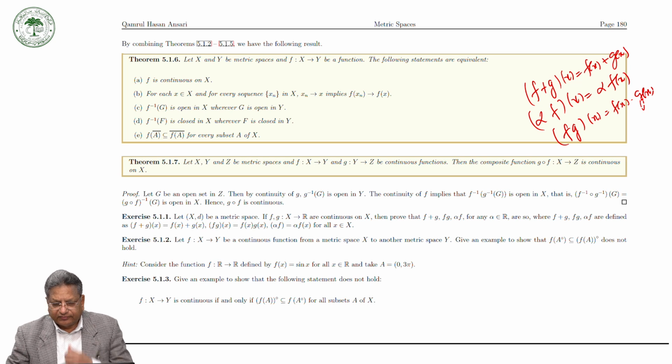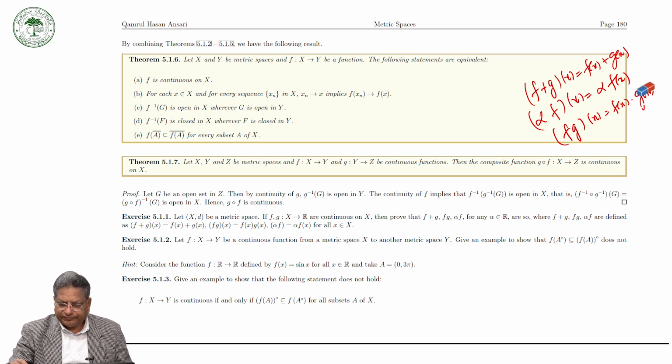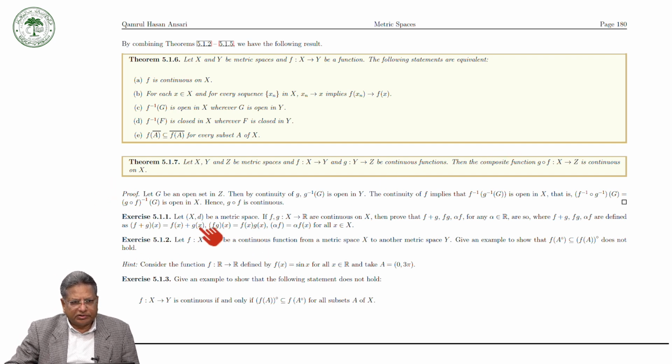So, if the functions f and g are continuous, then f plus g is continuous, alpha f is continuous for any real number alpha, and f times g is continuous. This is given in this exercise.